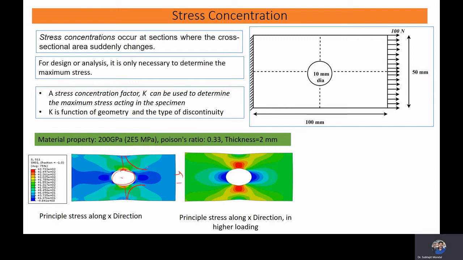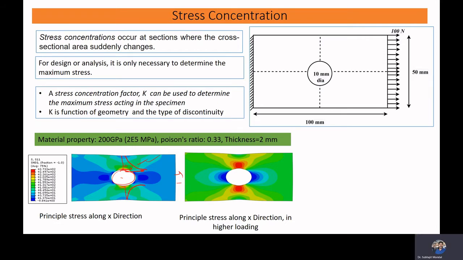This colorful pattern is showing the different kinds of stress we have. So if we plot the magnitude, it will look like this. So this is all about stress concentration and the factors affecting it.